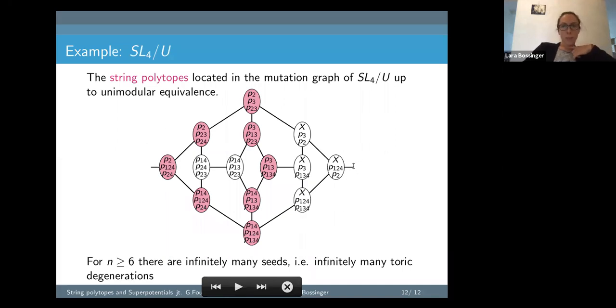So in this case, I can express everything in terms of Plücker coordinates. I can choose the Plücker embedding for the flag variety, and then every seed, or every set of coordinates of a torus chart, will contain 6 Plücker coordinates that are always fixed and an additional 3 Plücker coordinates that I've written into these bubbles.